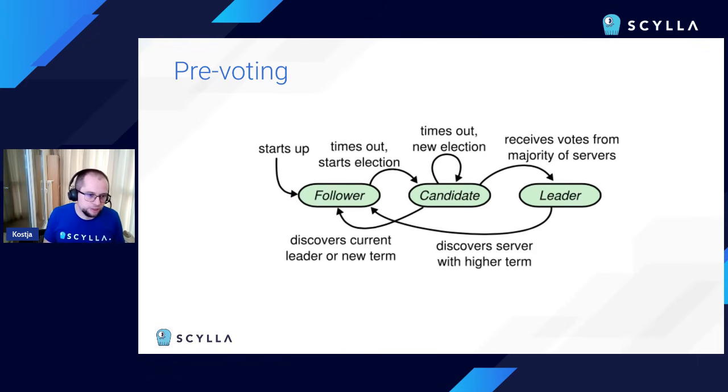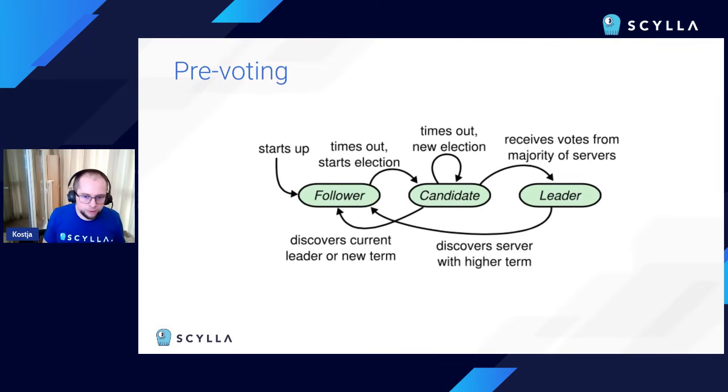Later versions of etcd have it on by default. So our implementation also has it on, and the basic idea is that it introduces a special intermediate state for every candidate, when it doesn't actually start an election, but only checks if it can become a leader. And that allows us to run a sort of dry run of the election without disturbing the cluster.